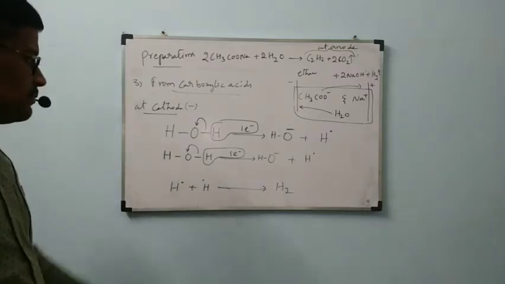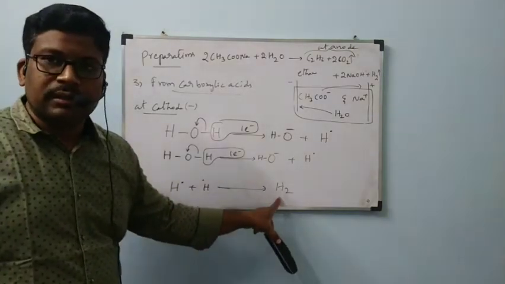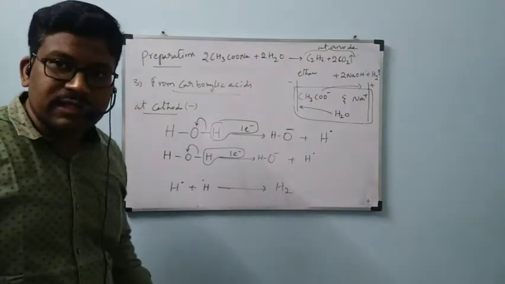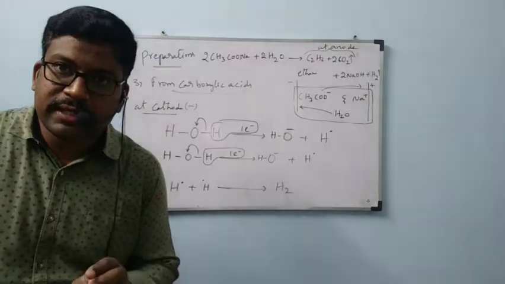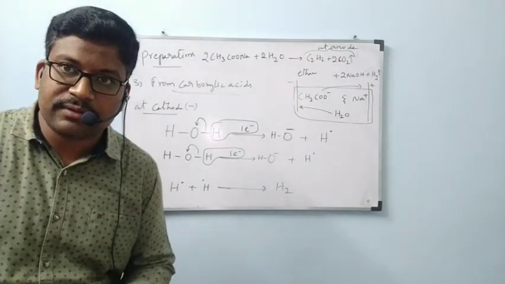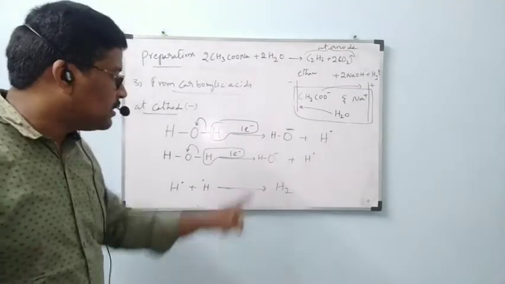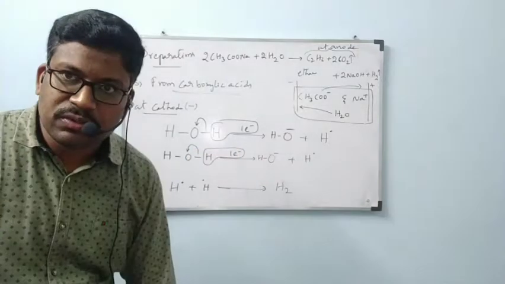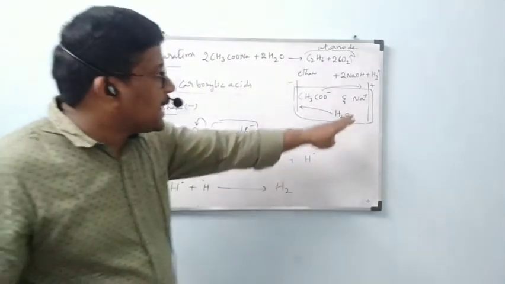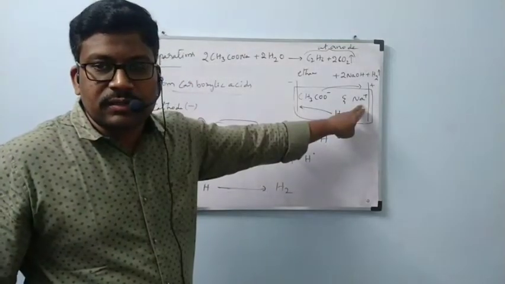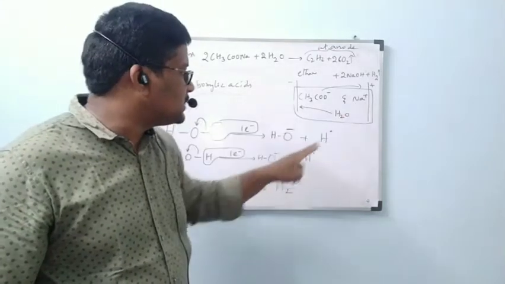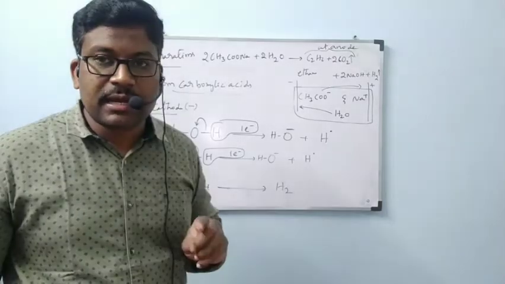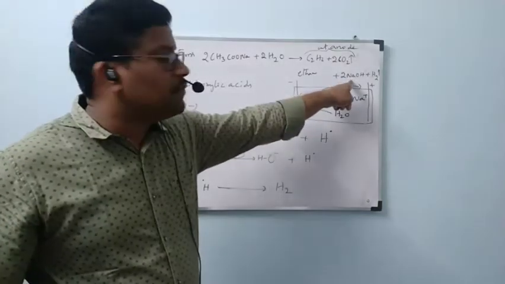The only product obtained at the cathode is hydrogen gas. OH minus will remain in the solution. Na plus ions also remain in the solution. These two combine: Na plus ions and OH minus ions combine to form NaOH.